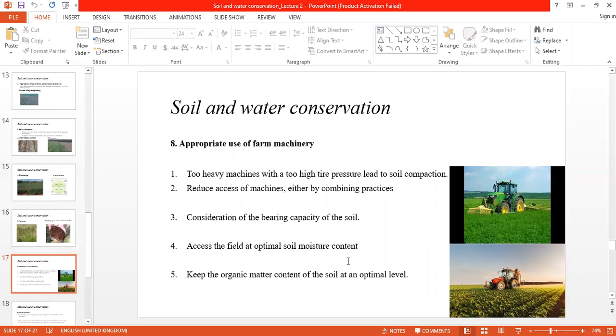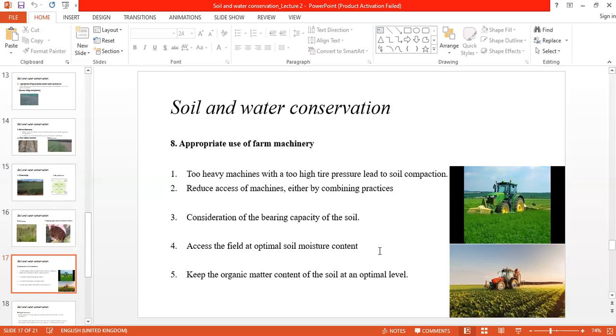Then when you are doing your farm operations with machinery, you have to make sure that the soil is at the optimum moisture content. If your soil is wet and you pass machinery in there, it will start getting compacted, because the tracks of the wheels of the trucks will compact the soil as they pass through the field. So you have to make sure that your soil is not very wet as you are doing your farm operations.